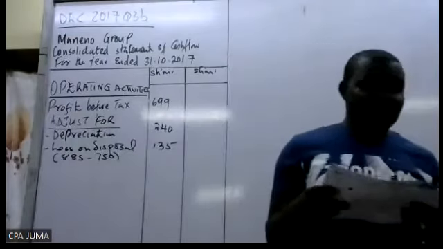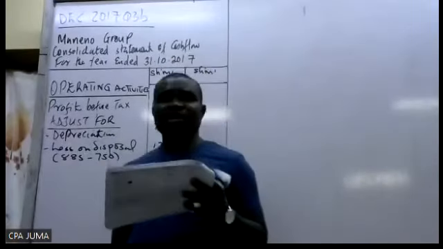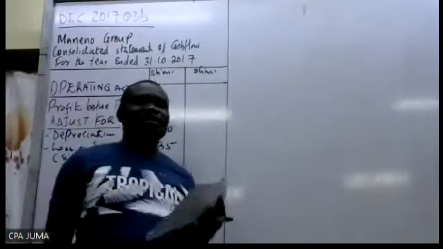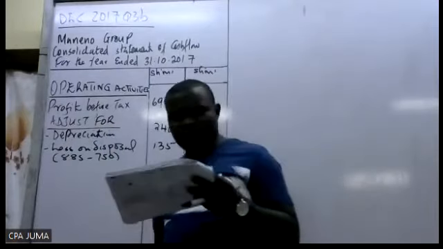On 1st of August 2017, the group disposed of an 80% owned subsidiary for shillings 1170 million in cash. The subsidiary had the following net assets.